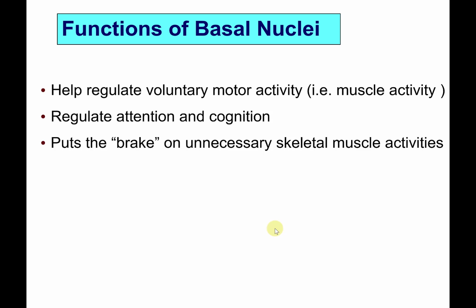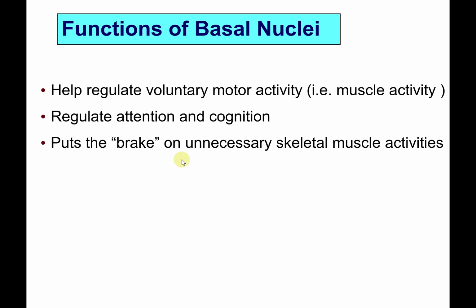So we know that the basal nuclei helps regulate voluntary motor activity. What we're really talking about is skeletal muscle activity. It also regulates attention and cognition, and in terms of skeletal muscle activity, it puts the brake on unnecessary skeletal muscles. So think about it this way.